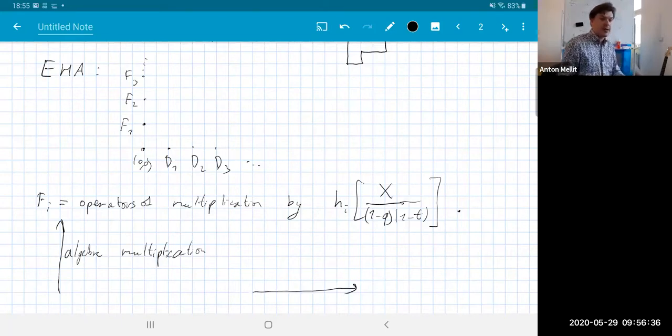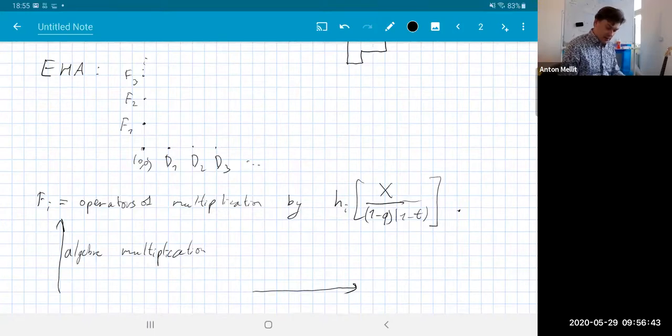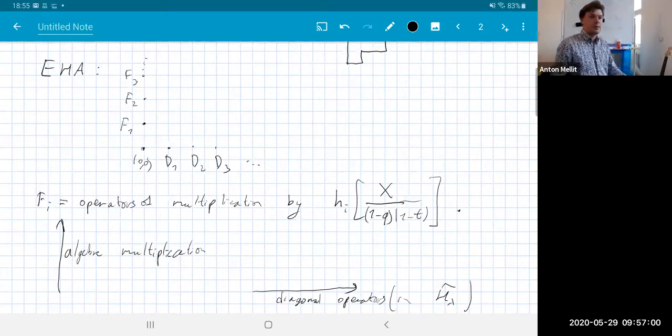And then there is this other algebra generated by the Macdonald operators, and this is the algebra of diagonal operators in this basis, in the H lambda basis. Okay. And then once you try to understand relations between them, something very complicated happens.